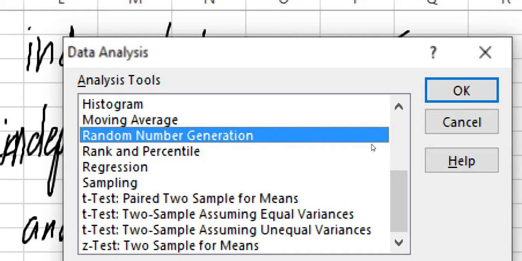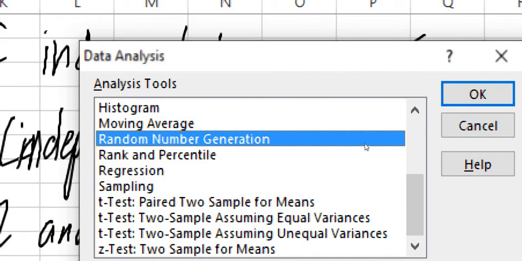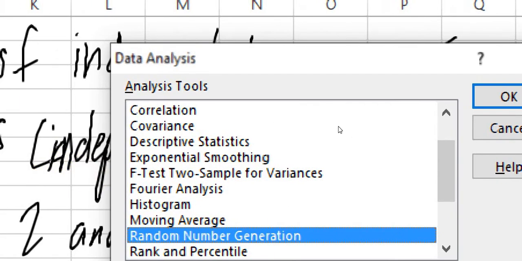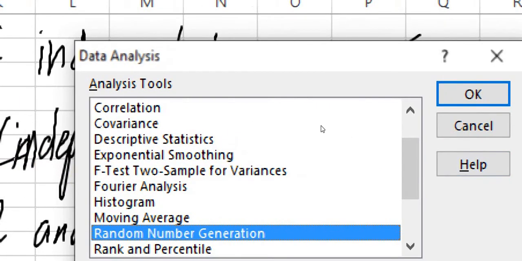Question is, which one to use? Here, as you can see, we need to determine whether the samples are assuming equal variances or unequal variances. Hence, we will need to do a different test, and that is this one. There you go, f-test 2 sample for variances.